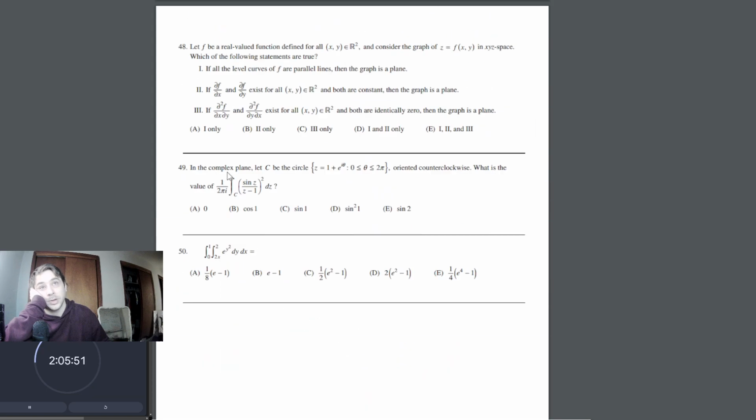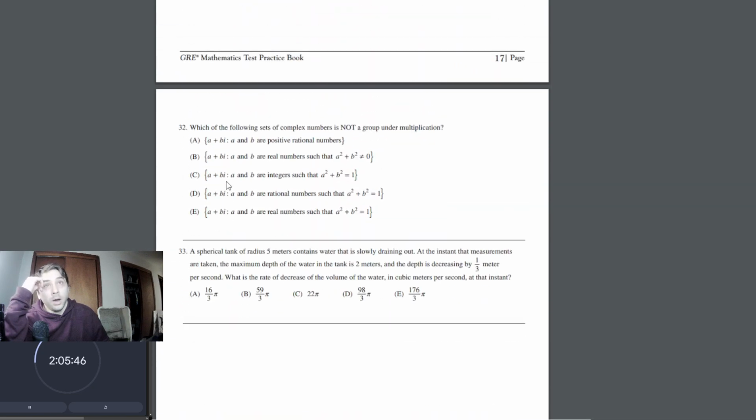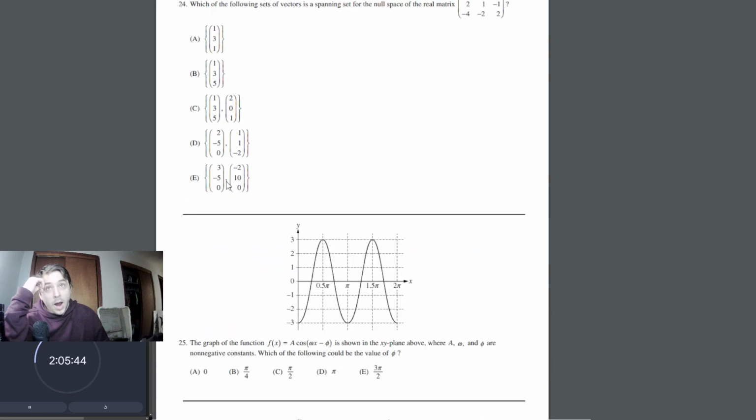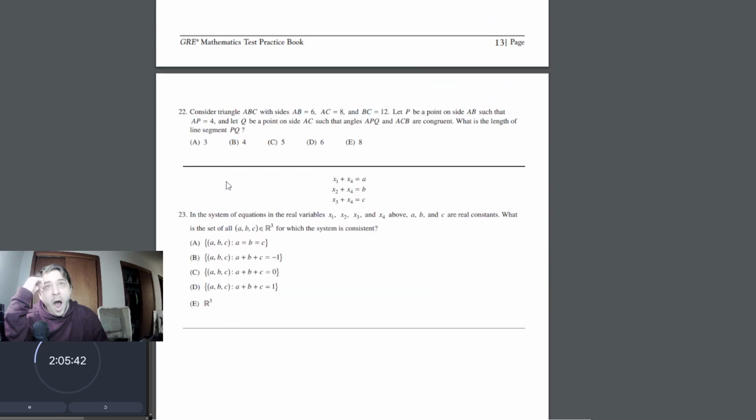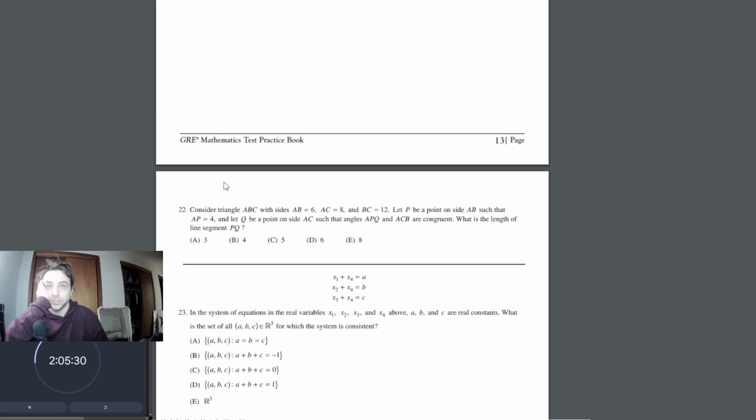Scroll back up and look at those. All right. 23 is E. System is consistent for all real numbers cubed. Cool. The length of the segment is 6.